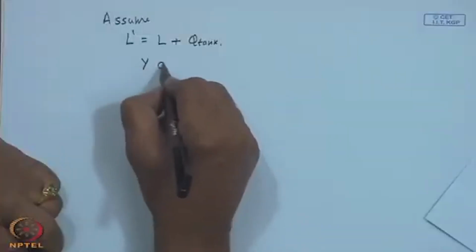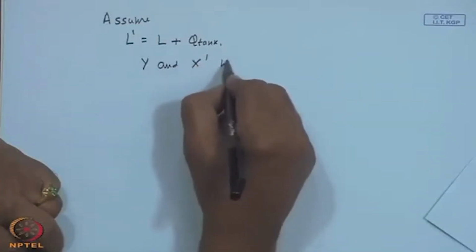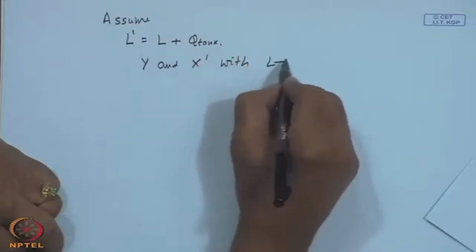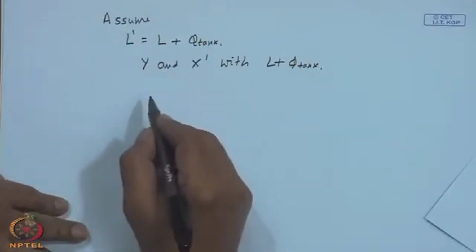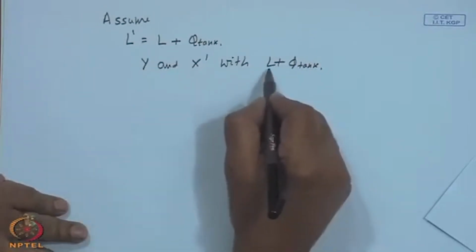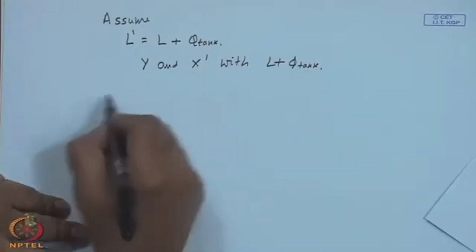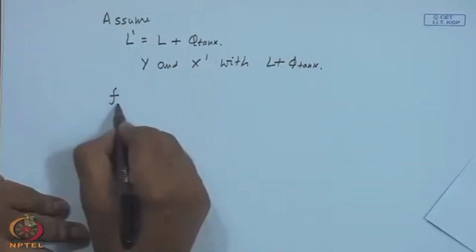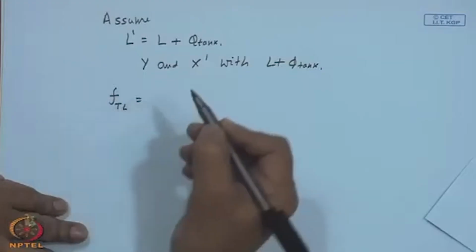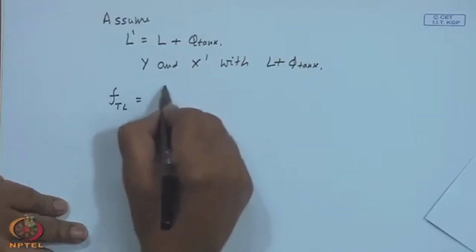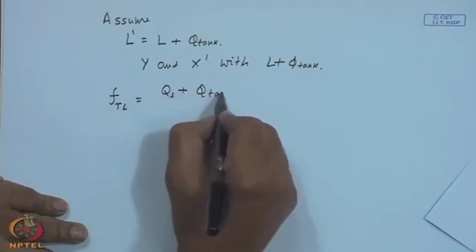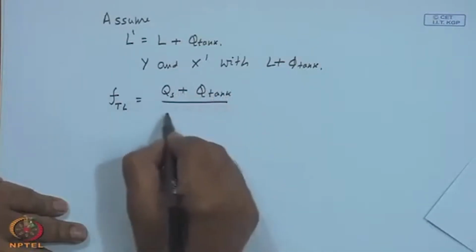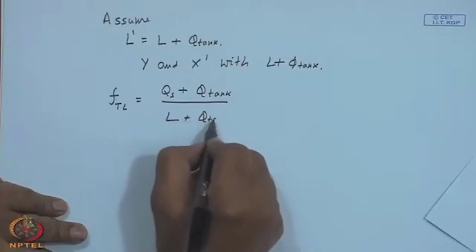So, if I calculate my y and x dashed with L plus Q tank, I do not want to complicate it unnecessarily calling L1, L2, L3 etc. So, it is the actual load on the system plus the loss from the tank. I will get the solar load fraction, but I shall qualify it as FTL, that is inclusive of the tank losses. So, what I will get this number is Q system by Q tank by L plus Q tank.